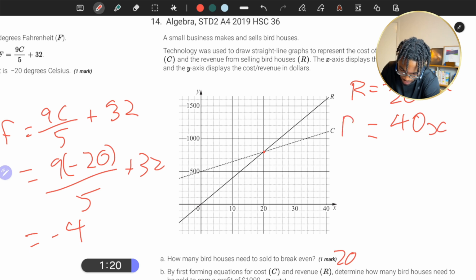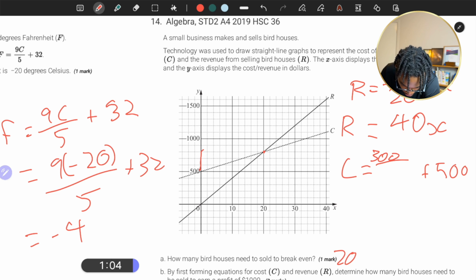Then cost has a y-intercept of 500, and the gradient is rise over run, up 300 across 20, which equals 15.